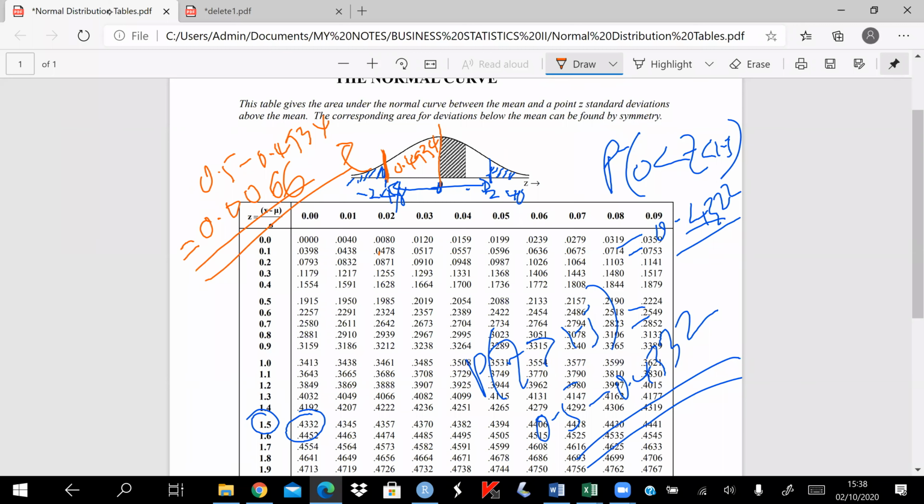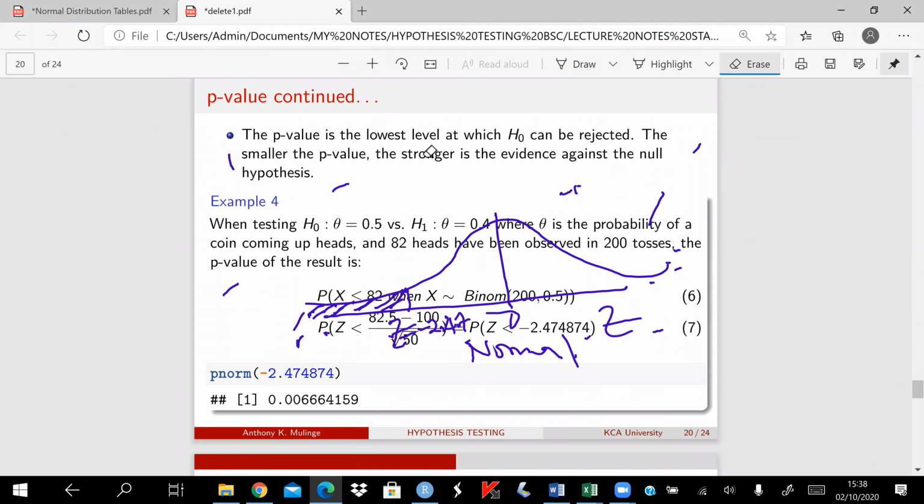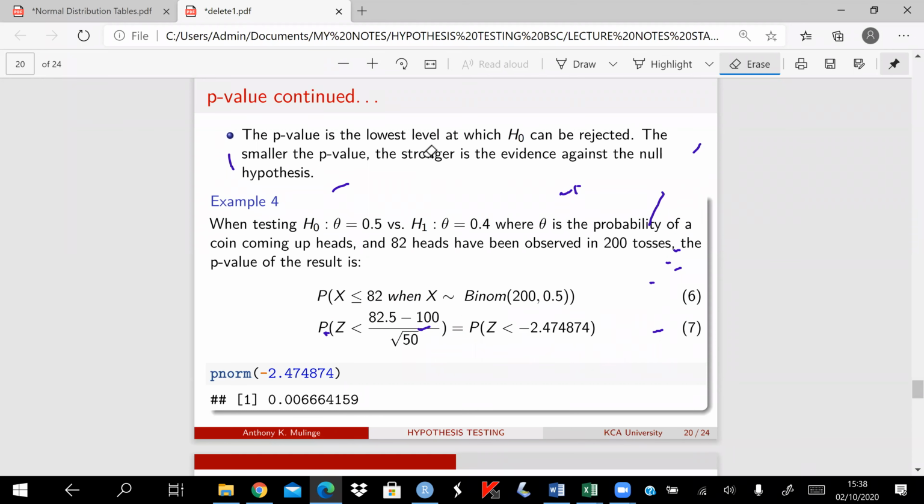Okay, but you have the option of using your computer now that you know a little bit of programming. When you write this code, it should give you the p-value within just a simple line of code. I should have said that these ones are from R. This is the R code.